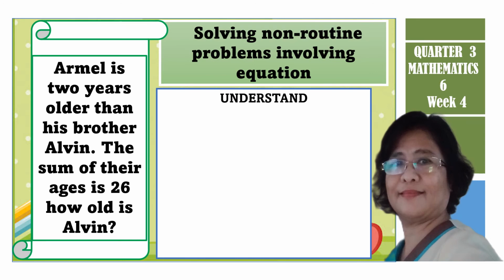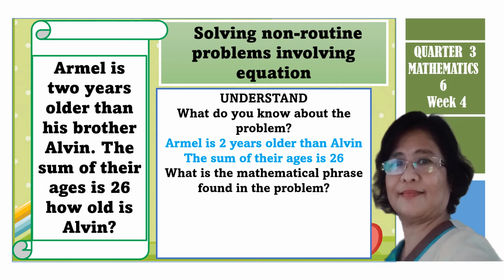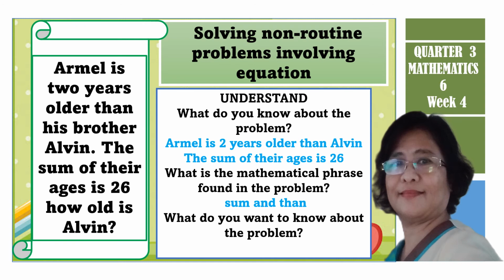The given information is Armel is 2 years older than Alvin. The sum of their ages is 26. What is the mathematical phrase found in the problem? We have sum and older. What do you want to know about the problem? We are asked to find how old is Alvin.